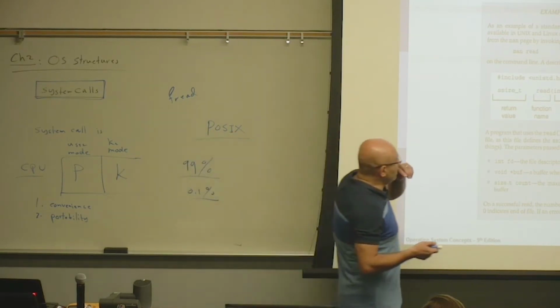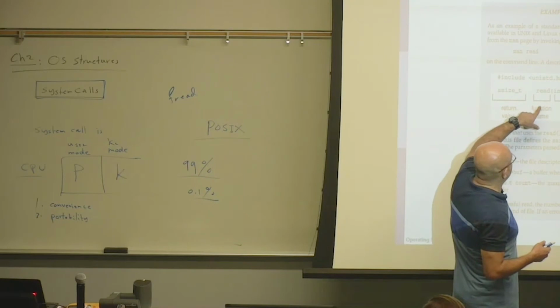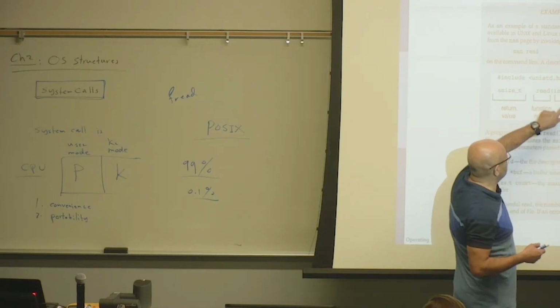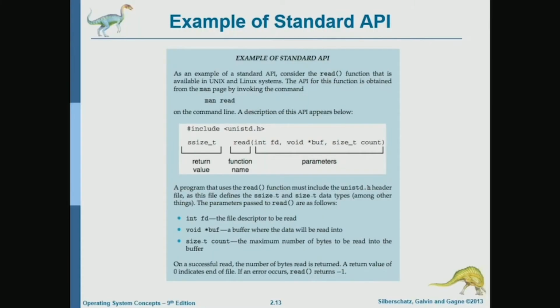So this read takes 3 parameters: the file descriptor, and a pointer to a buffer that you, as an application programmer, are responsible for allocating. And by the way, when you dynamically allocate a buffer, you're making a system call. And then you pass the size of that buffer.